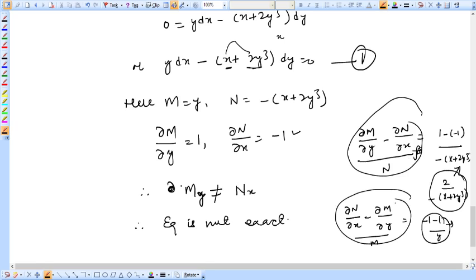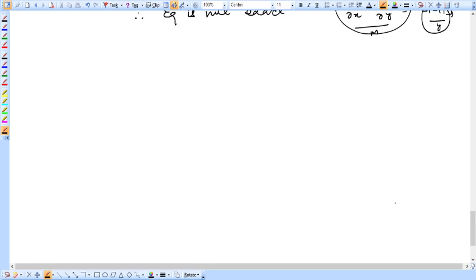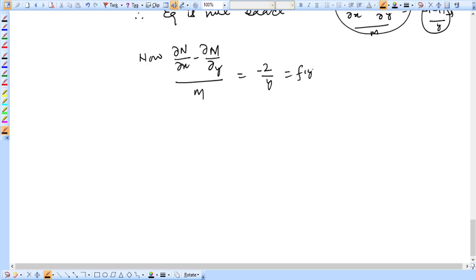So yes, it is a function of y only, so we can apply this rule. Now ∂N/∂x minus ∂M/∂y over M is equal to −2 over y, which is a function of y only.